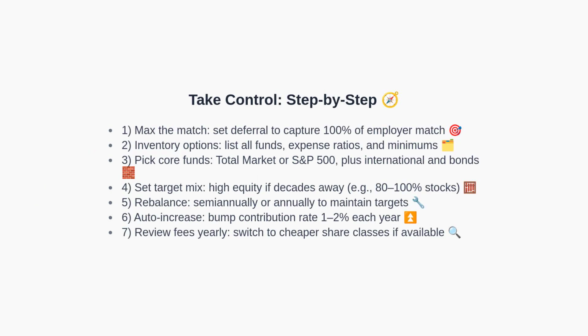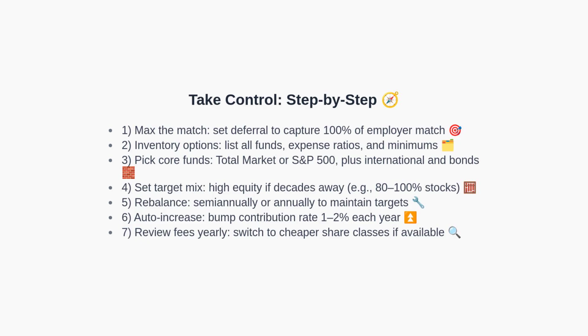Here is a simple process. First, set your contribution high enough to get the full employer match. Second, review your plan's fund lineup and record the expense ratios. Third, select core index building blocks: a total U.S. market or S&P 500 fund, optionally an international index fund, and a bond index fund. Fourth, determine a target allocation.